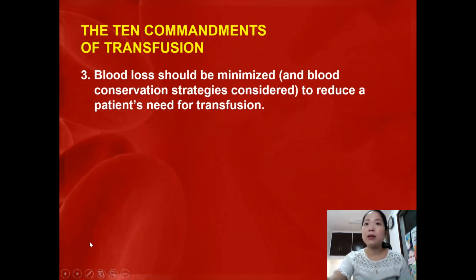And again, in order to minimize the loss, first you should do blood conservation strategies. You can hydrate your patient first, then you can reserve, or at least stand by the blood that might come handy later, especially if the hemorrhage is profuse already.